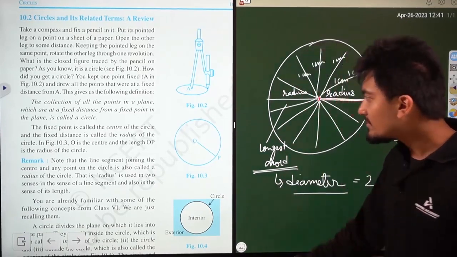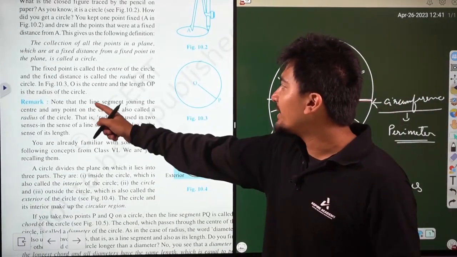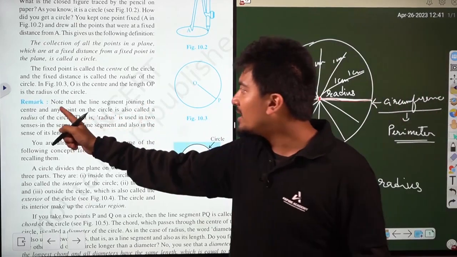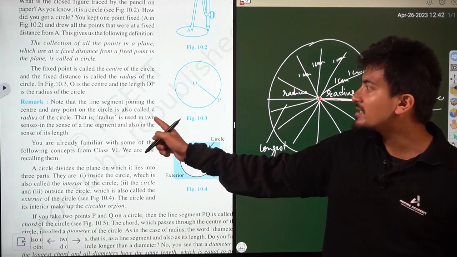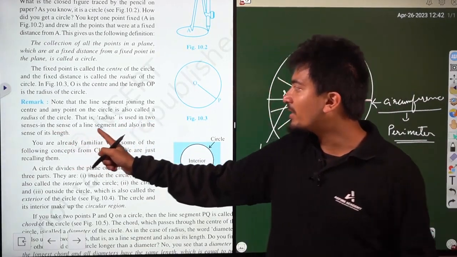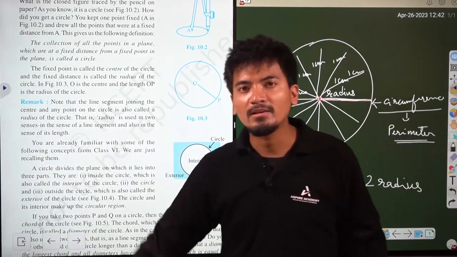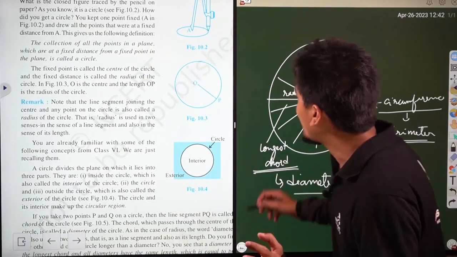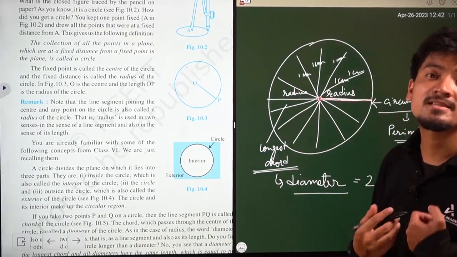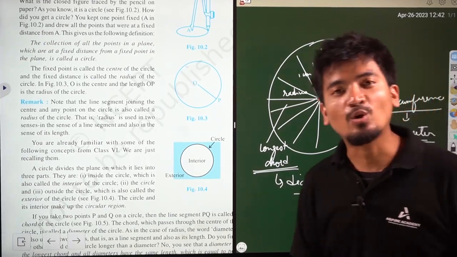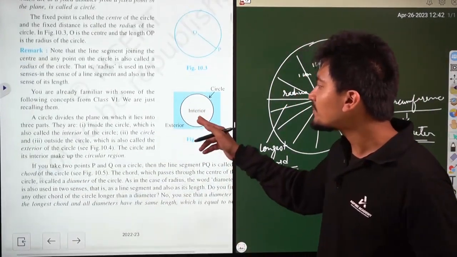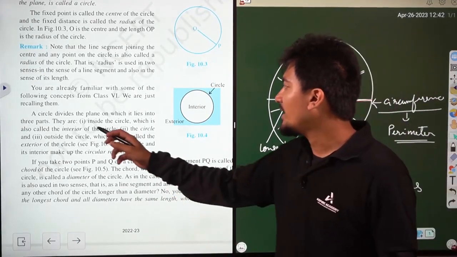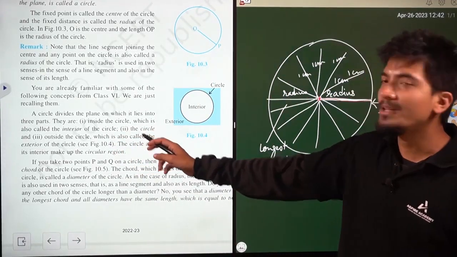Now note that the line segment joining the center and any point on the circle is also called the radius of the circle. That is, radius is used in two senses, in the sense of a line segment and also in the sense of length. Now see, the inside of the circle is called the interior of the circle.